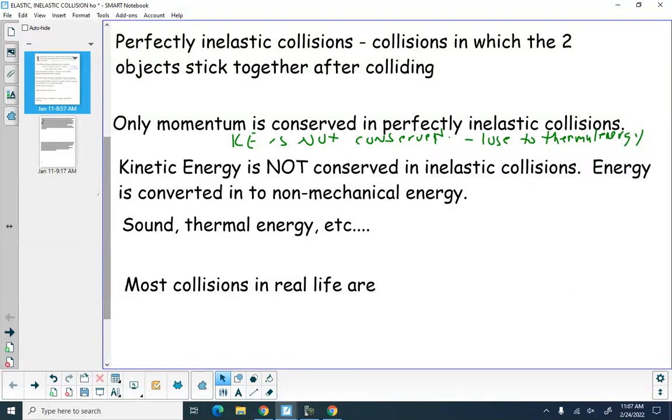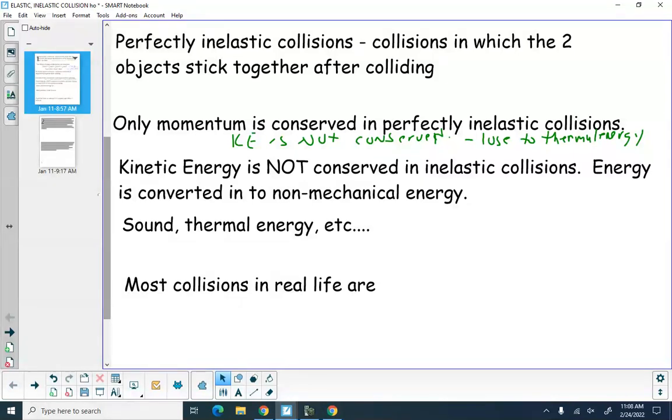Energy is converted into non-mechanical energy: sound, thermal energy, and, like I said, bonds that are broken.